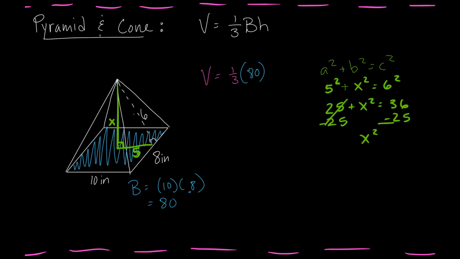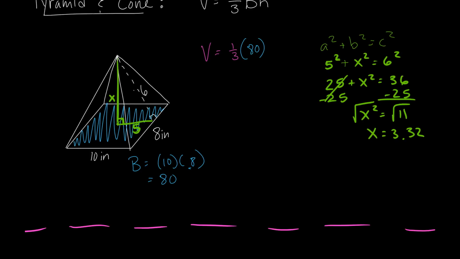You must square root both sides to get the x by itself, and you get 3 point what? 32. So the height of my pyramid is actually 3.32. Plugging that all in the calculator, what do you get?